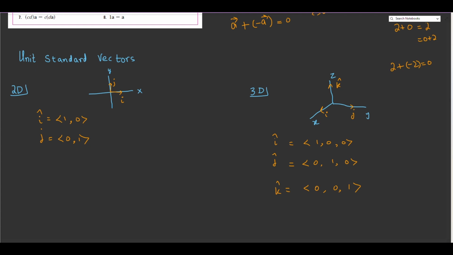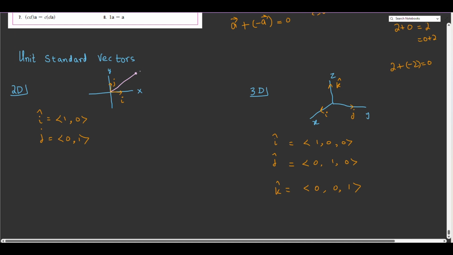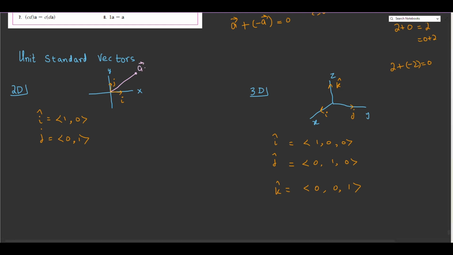The next thing you need to remember is that any vector in the 2D or 3D space can be written as a linear combination of these vectors. For example, here we have a vector A, which is given by A1, A2, or you can say x, y. This vector A can also be written as A1 multiplied with i plus A2 multiplied with the vector j.